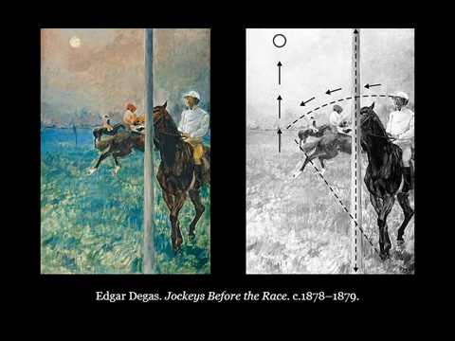Now an extreme example of asymmetrical balance would be Edgar Degas' Jockeys Before the Race. In this particular painting, he grounds the composition with this bold, stark, very jarring line that runs from top to bottom.